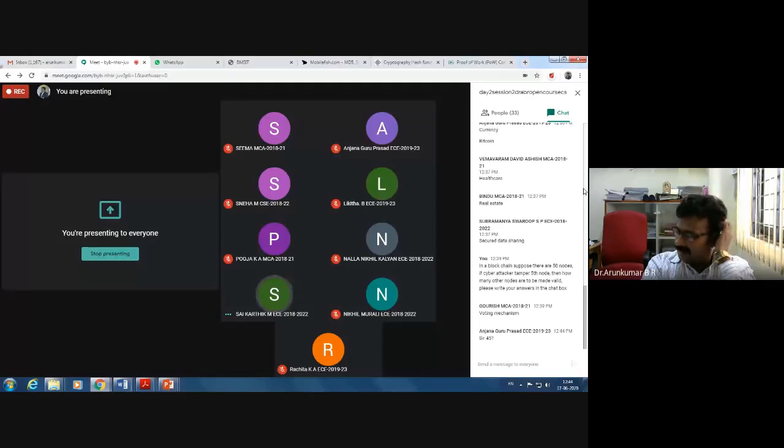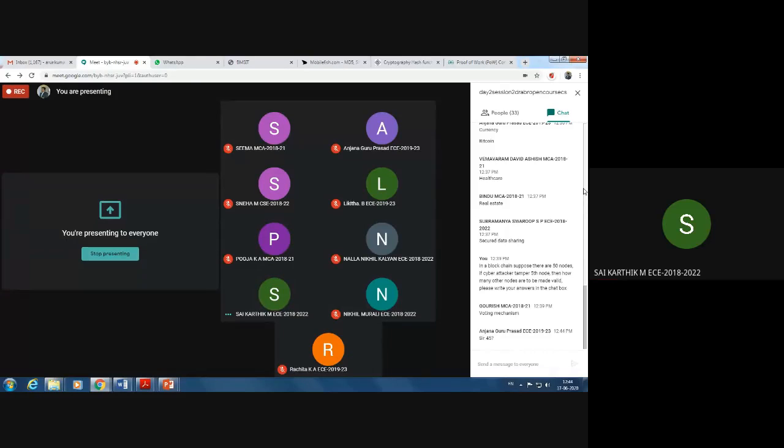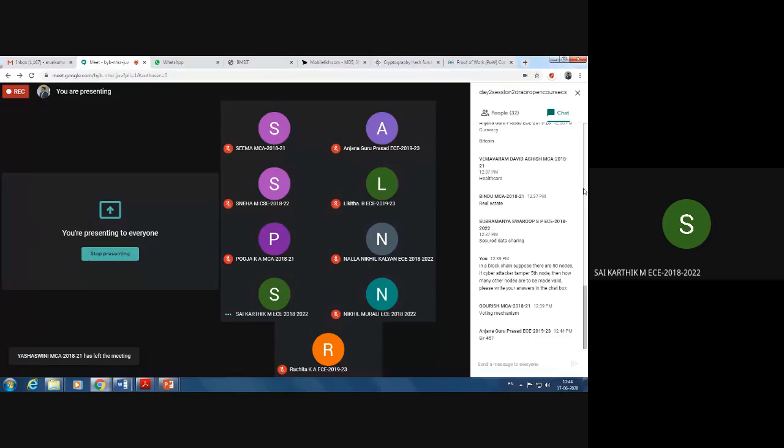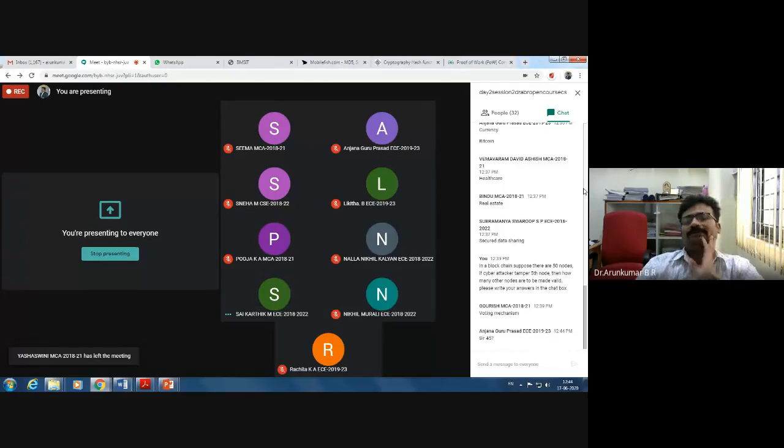So the alternate hashes change, so the next 45 will not work. Remaining 45 become invalid, and the attacker is supposed to calculate the hash and even the proof of work for the remaining 45 nodes. Is it correct? Yes, sir. Okay, thank you.